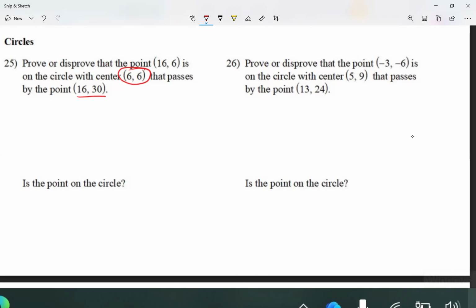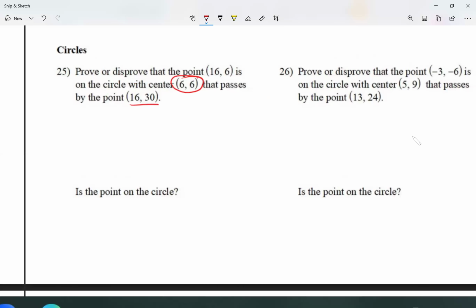So the distance between the center and any point on the circle should be the same thing. So this is what I'm going to do. Let me find the distance between the center and a point that I know is on the circle. So basically, I have the point (6, 6) because that's the center of the circle and the point (16, 30). Let me find out what's the distance between those 2 points.